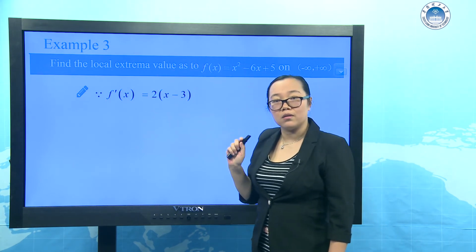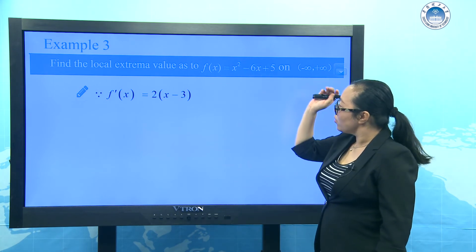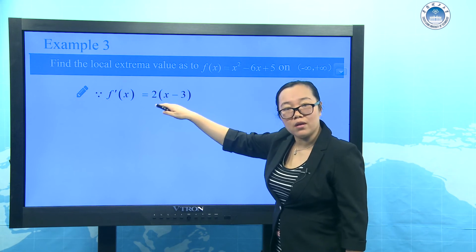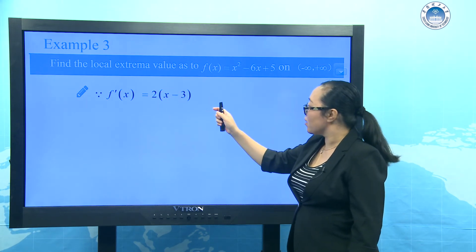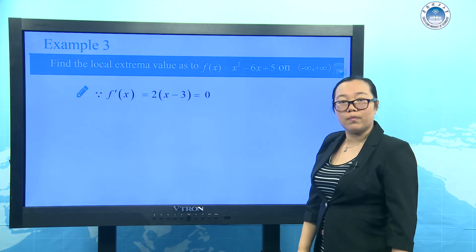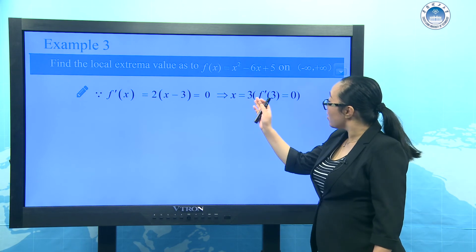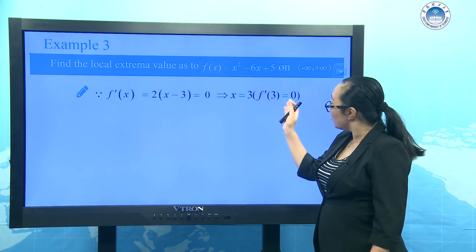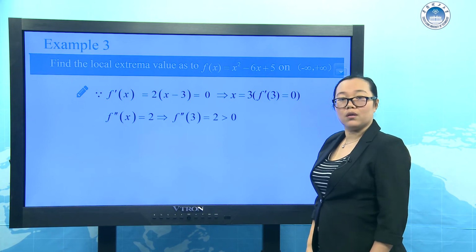F prime x equals 2x minus 6. 2 is our common factor, taking out, equal to 2 times x minus 3. F prime x equals 0. We can get x equals 3. 3 is our stationary point.